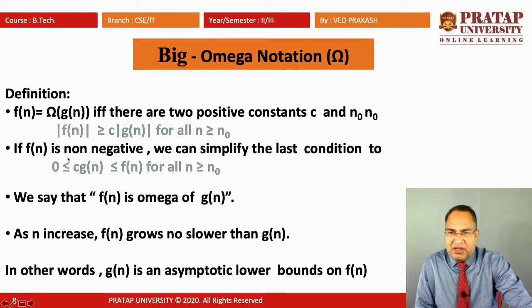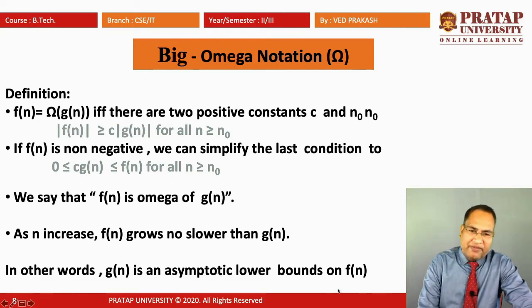If F(n) is non-negative, we can simplify the last condition so that F(n) is greater than or equal to C times G(n) for all n greater than or equal to n0. So, we can say that F(n) is omega of G(n). As n increases, F(n) grows no slower than G(n). In other words, G(n) is an asymptotic lower bound of F(n).